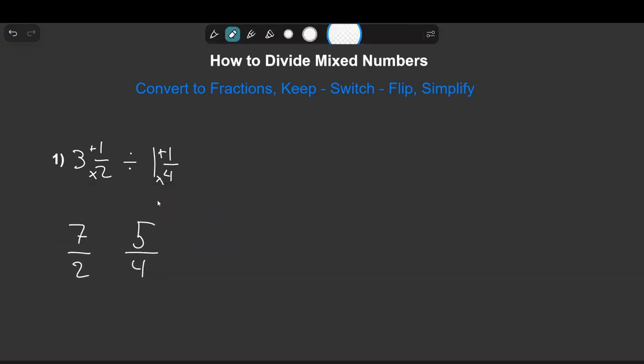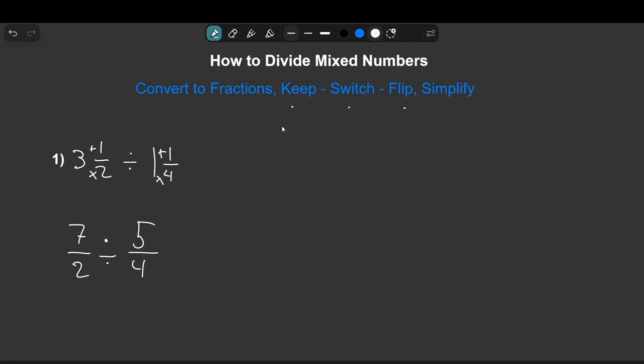So what we do now, we have these two improper fractions, and we have to divide them by each other. To divide improper fractions, we use the keep, switch, flip method. The keep, switch, flip method is very easy to remember, because it basically tells you in 3 words how to do it.